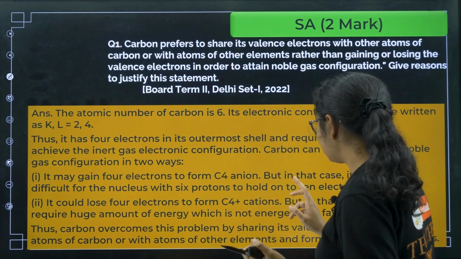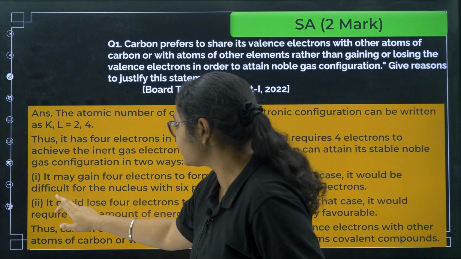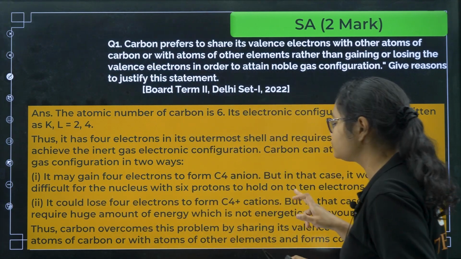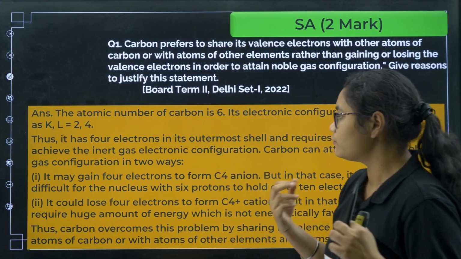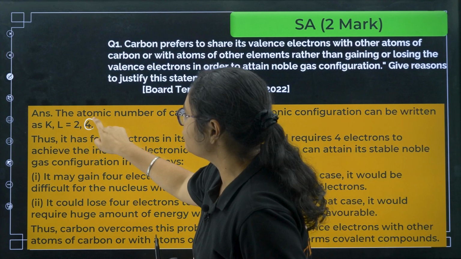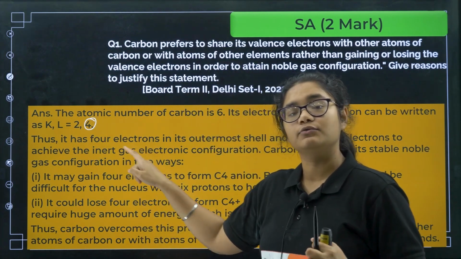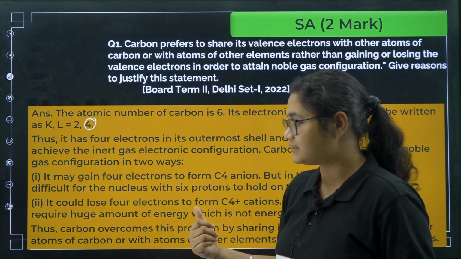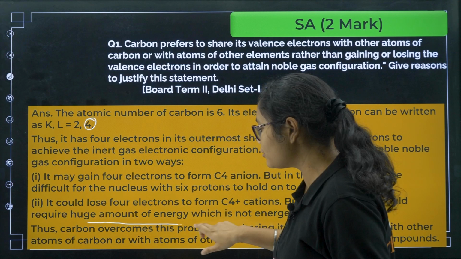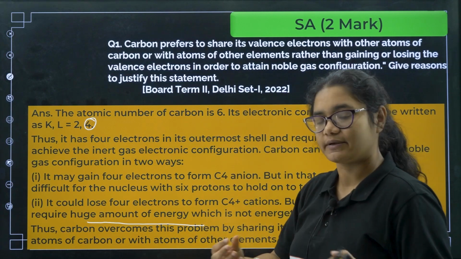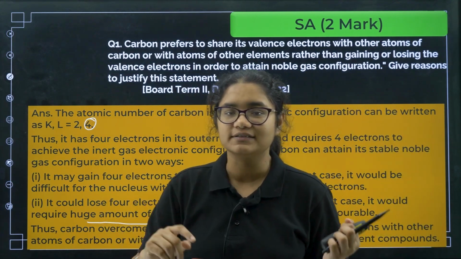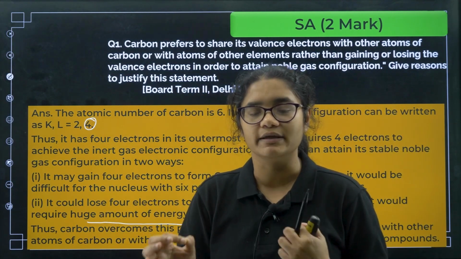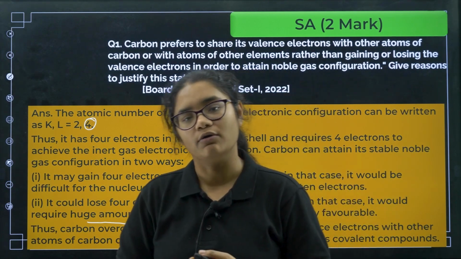But in that case it would be really difficult for a nucleus with 6 protons to hold on to 10 electrons. The other way is that carbon can lose these 4 electrons, but losing 4 electrons needs a huge amount of energy, so that is also not possible. Hence carbon solves this problem by forming covalent bonds, that is, by sharing of electrons.